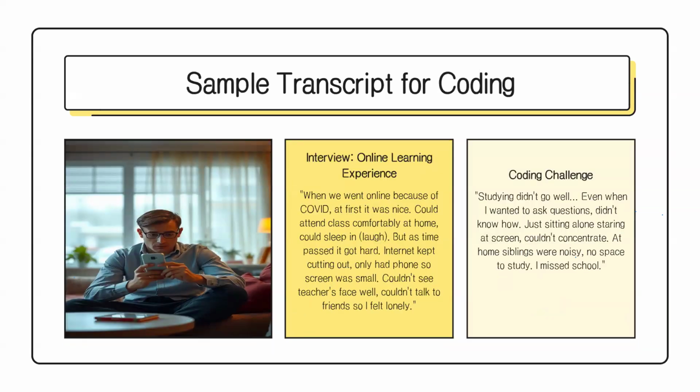Here is the sample transcript for coding about a student online learning experience. Read the text carefully. The coding challenge is to identify codes for aspects like lack of concentration, home distractions, and social isolation.